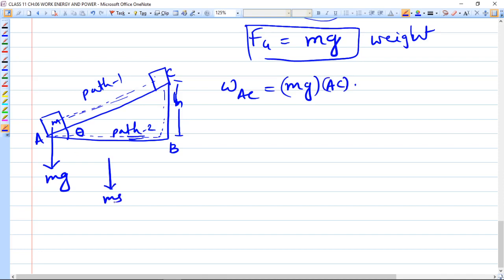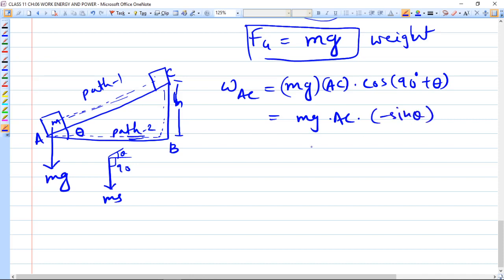See, this much is 90 and this is theta, so it is cos of 90 plus theta. Now what is cos 90 plus theta? It is minus sin theta. So the answer is minus mg into SC sin theta. Now see from this diagram. I will draw a diagram again.